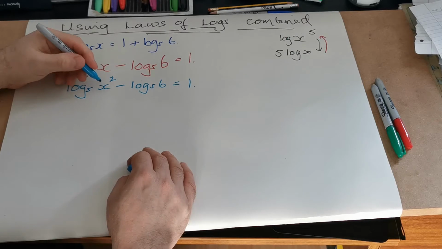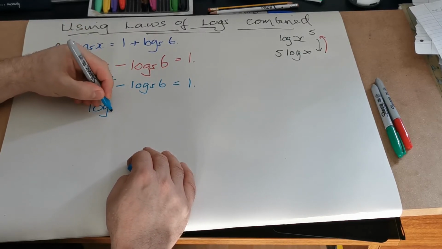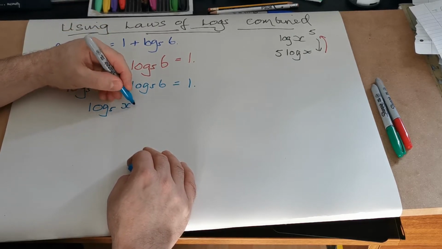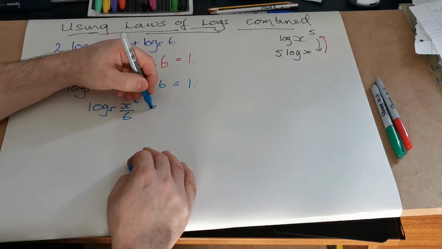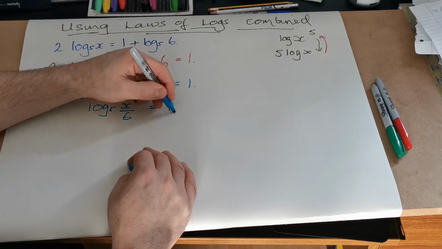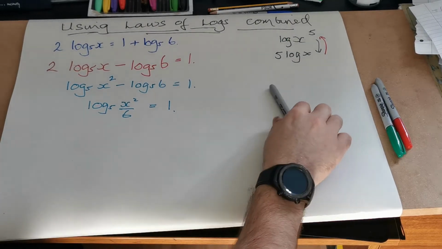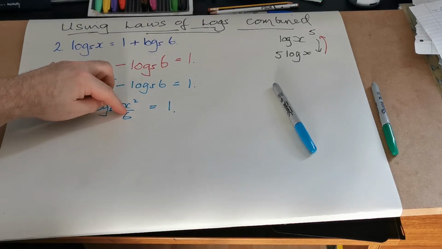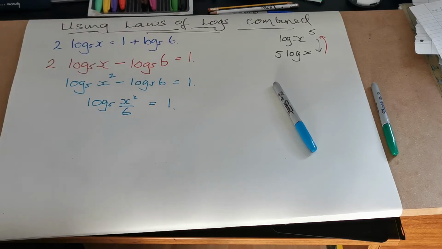So then I can say, okay, well, this is log to the base 5 of x squared over 6, which equals 1. So I'm saying that this would have to be 5 to the power of 1.